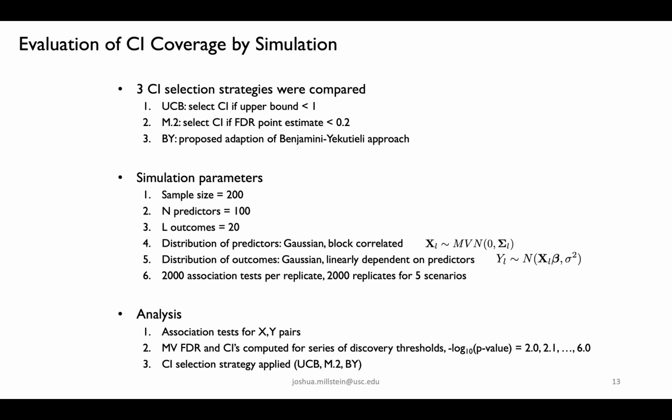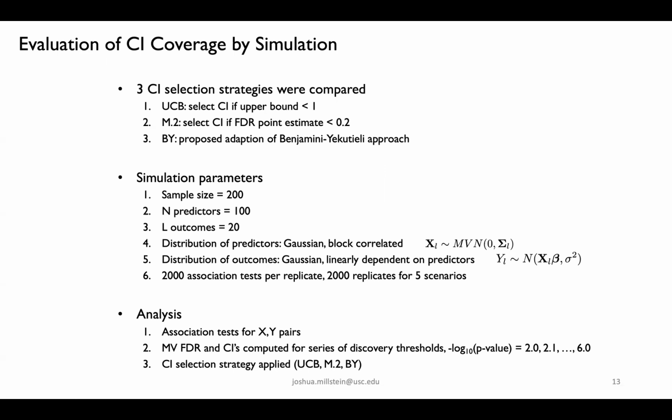And those two are the approaches that we can contrast to the one I just described, which is basically using the BY method and these p-values associated with the candidate thresholds. So the simulation parameters are sample size of 200, 100 predictors, 20 outcomes, and the analysis here is looking for association, so correlating outcomes with predictors.